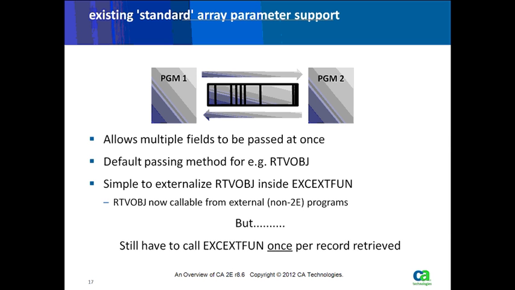And then it's simple to take your retrieve object, stick it inside an execute external function, and now you can call that from your non-TUI programs, for instance, web services. But it's still just retrieving one record. You still typically pass in one key value. It will load up that record format with the information for that key and return it. And so if you need to get 100 records, you've got to call that execute external function 100 times.